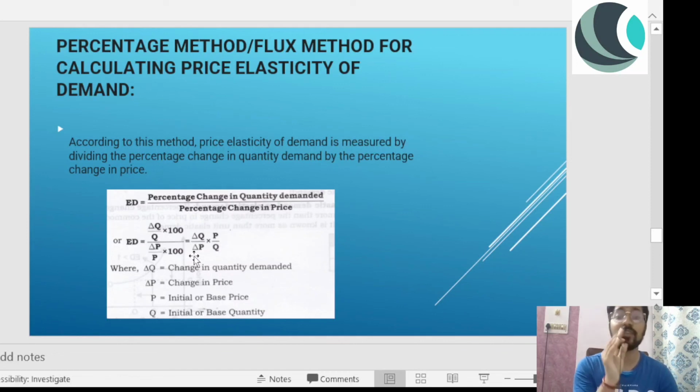You can definitely get a question based upon this, right? So you should remember this, because this is basic, but as I've been saying, people sometimes skip this portion, right? So if you remember the concept, you can easily come up to this formula, where you are talking about percentage change in quantity upon percentage change in price, right, into p by q. P is the initial price and q is the initial quantity.